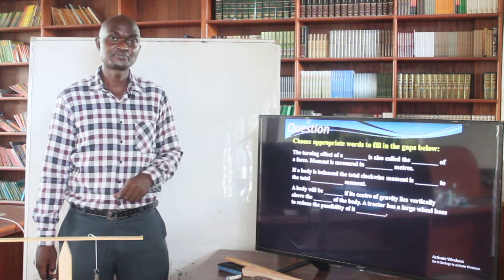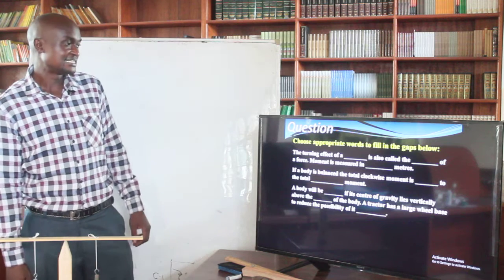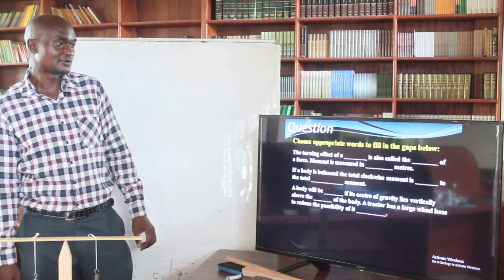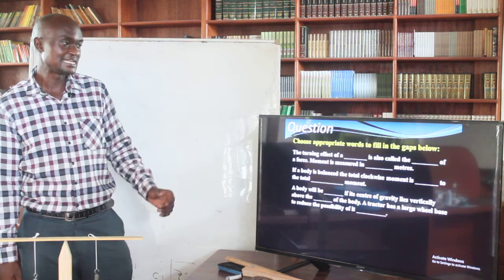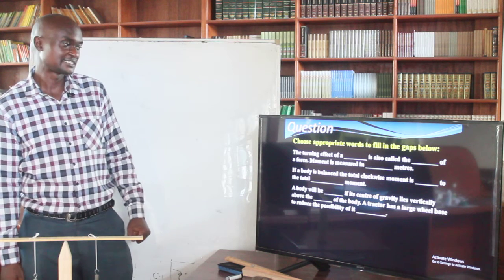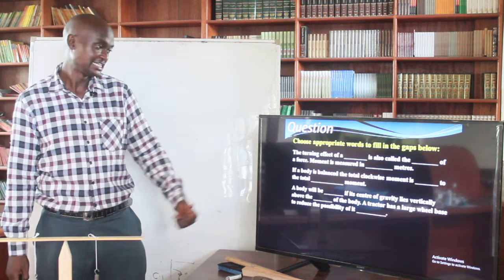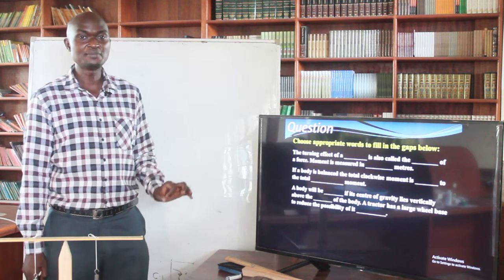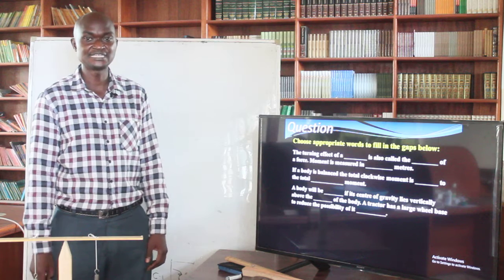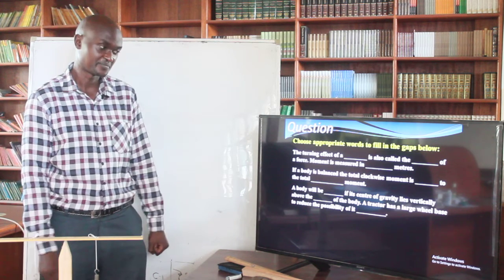So let's finish up by filling up this. The turning effect of a dash is also called the dash of a force. Moment is measured in dash meters. If a body is balanced, the total clockwise moment is dash to the total dash moment. A body will be dash if its center of gravity lies vertically above the dash of the body.